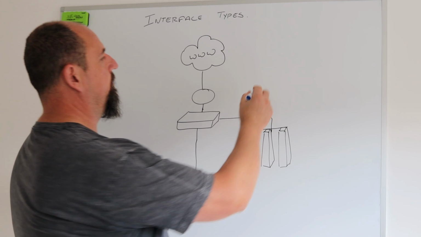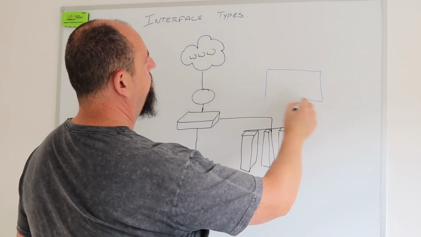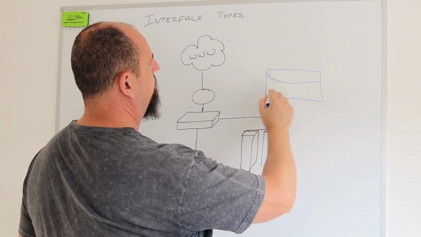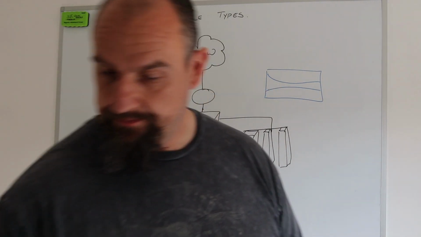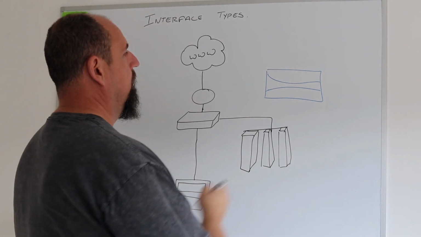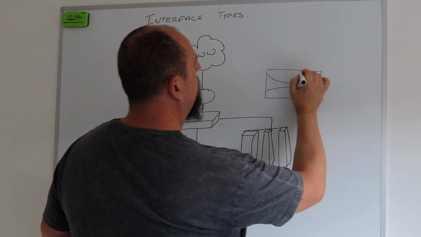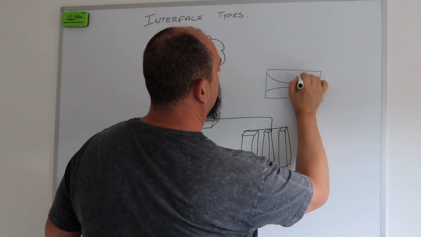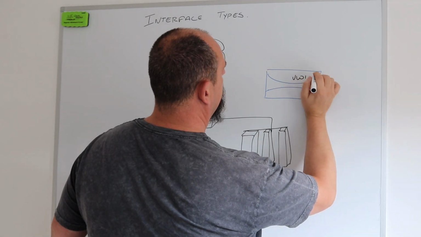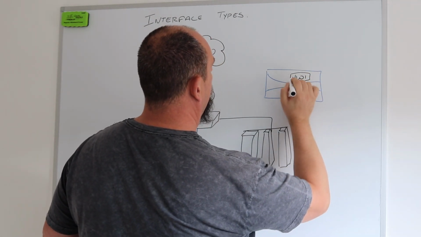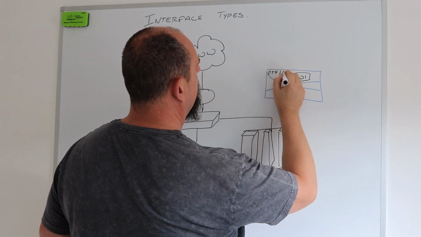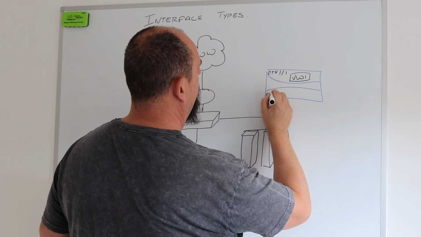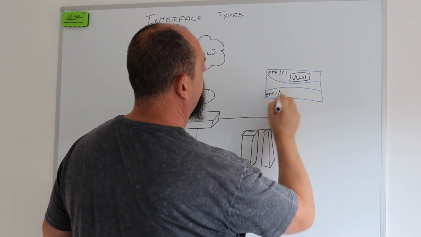So we take our Palo Alto firewall, and we create a virtual wire. So if we create virtual wire 1, then we have ETH 1/1 and ETH 1/2.